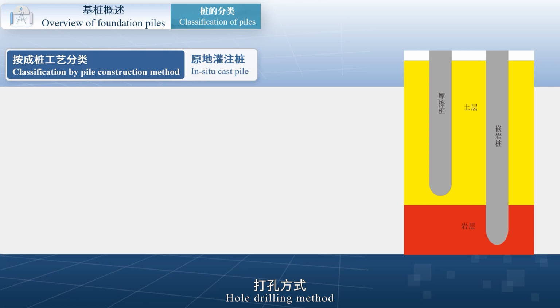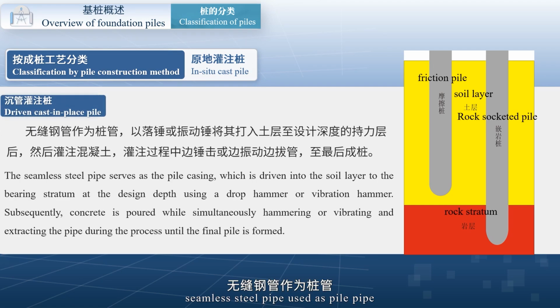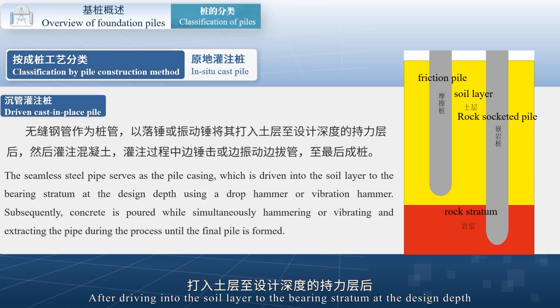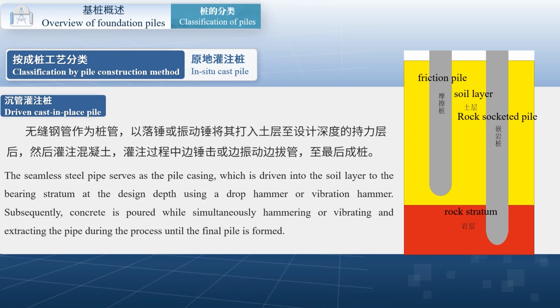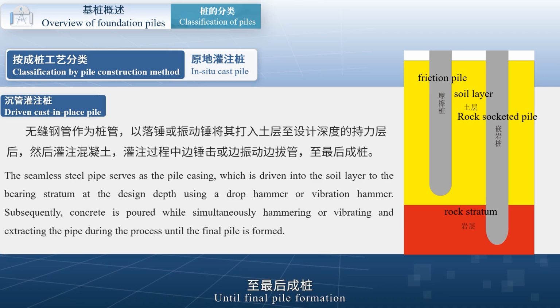Hole drilling method: driven cast-in-place pile, using seamless steel pipe as pile pipe. Use a drop hammer or vibration hammer to drive it into the soil layer to the bearing stratum at the design depth. Then pour concrete, hammering or vibrating while pulling the pipe during pouring, until final pile formation.